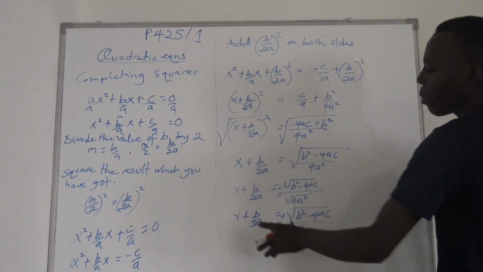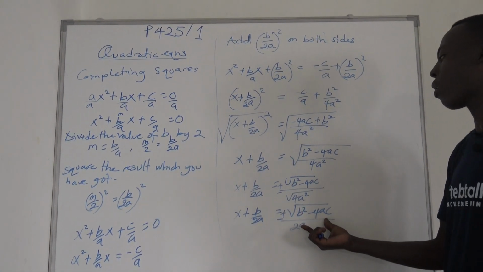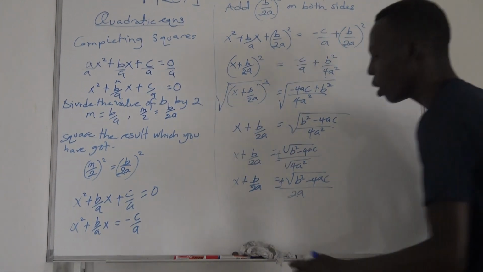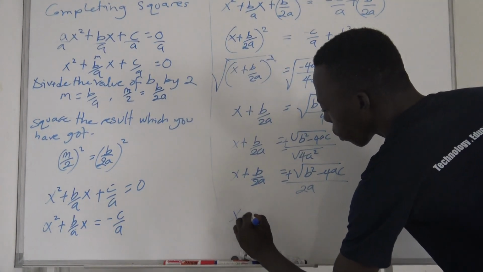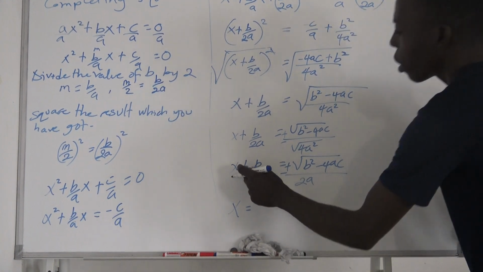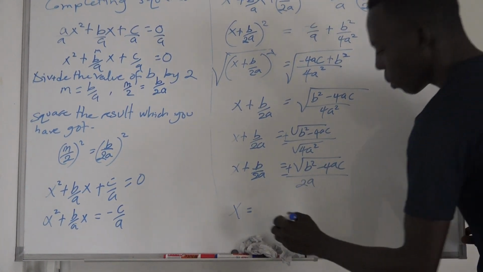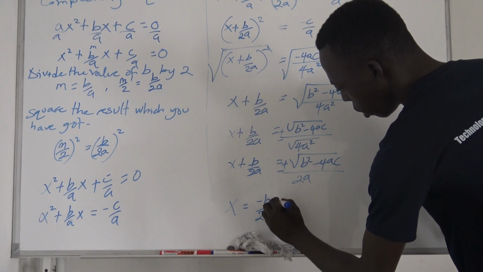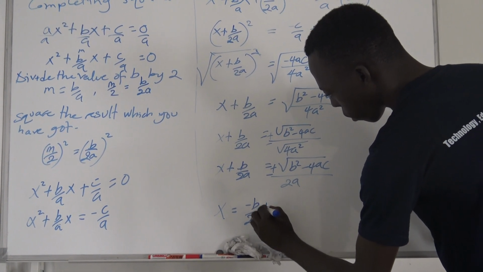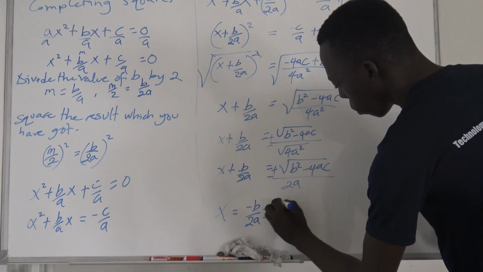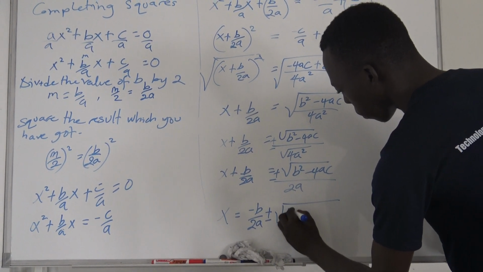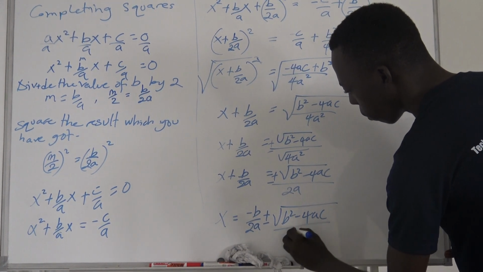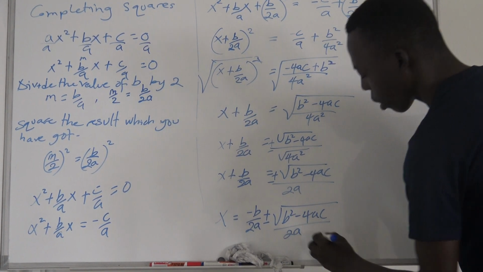So now from here we take the b out of 2a to the other side, which will give us that our value of x equals, when you take this one, this side will be negative, which is negative b out of 2a, then plus or minus root of b squared minus 4ac out of 2a.